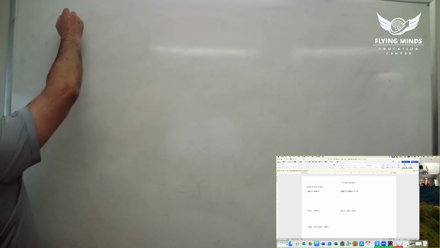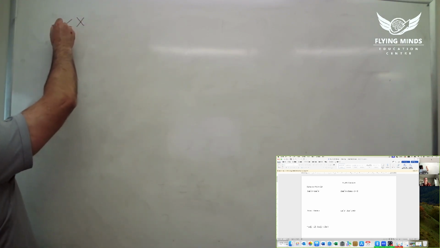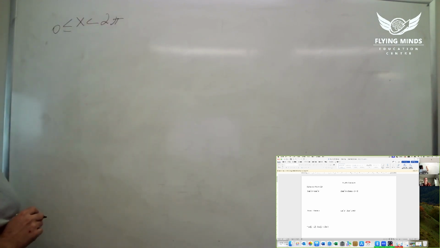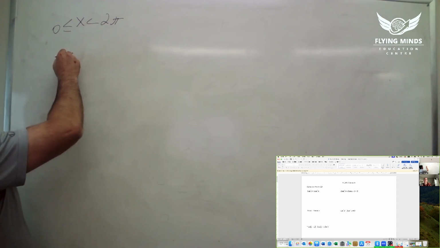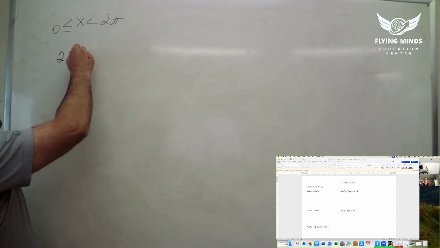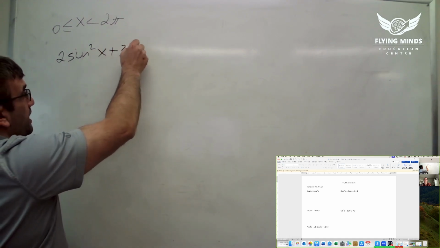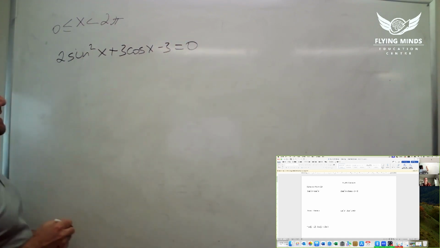So we have a domain of between 0. Would I do 2 times 1 minus cos squared x and then the rest of the equation? We're doing the second one, right? 2 sine squared plus 3 cosine x minus 3. Is it? Yeah. Okay. 2 sine squared x plus 3 cosine x minus 3 equals to 0.